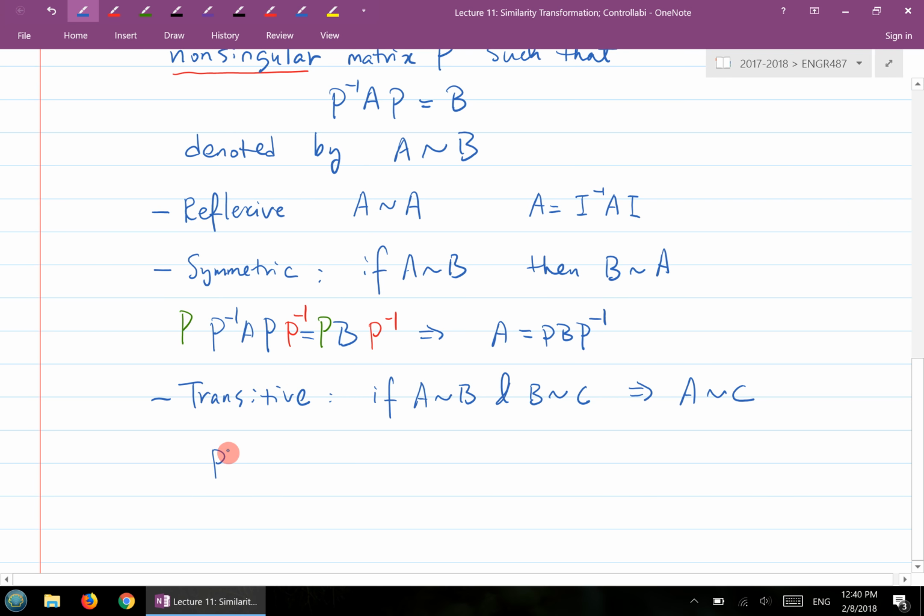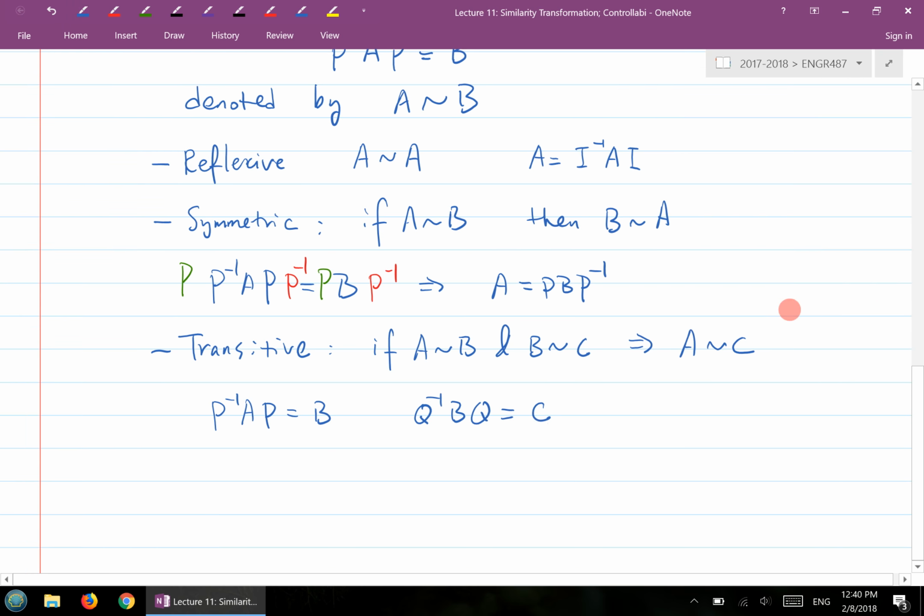So let's say we start with A similar to B. That means P inverse AP is B. B is similar to C. That means you can find a Q matrix, and then Q inverse BQ equals C. So based on these two relationships, I can substitute this one here into here, right?